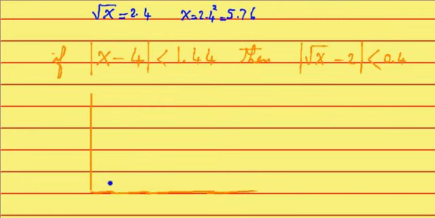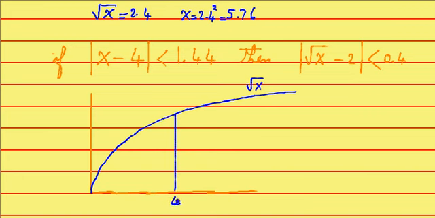So again, we consider this same function. Here was radical x. We are still concerned about the same point, say 4, at which we suspect the limit is going to be 2. So here is my 2.